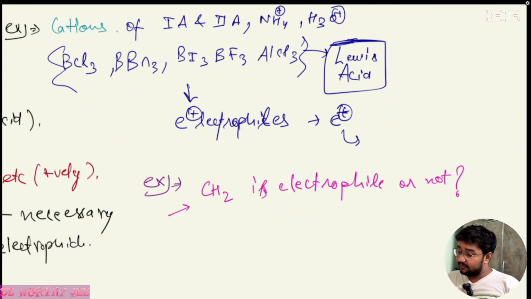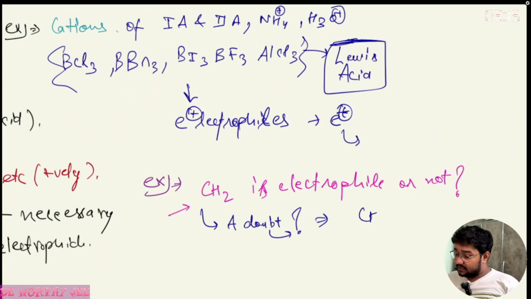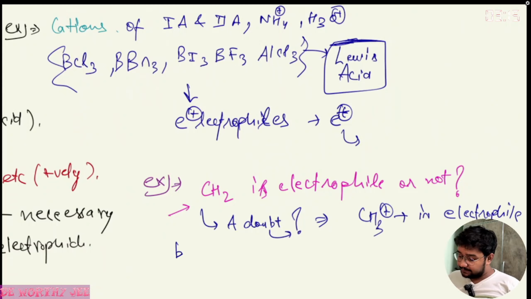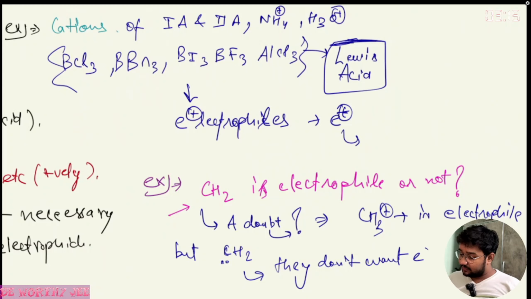So it will give you a doubt. CS2 plus would be an electrophile, but CS2 has its electrons present in carbon, so it does not want electrons. So this is not an electrophile. You should remember this: CS2 is not an electrophile.